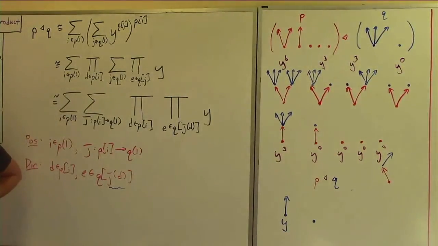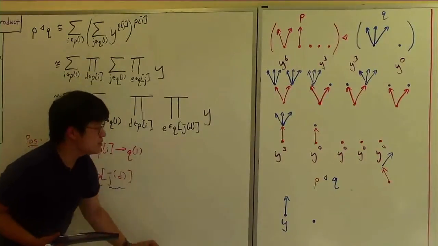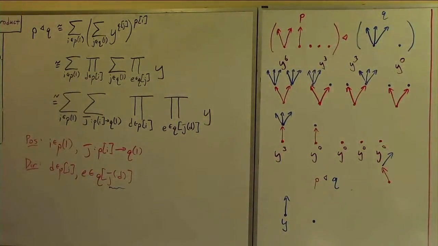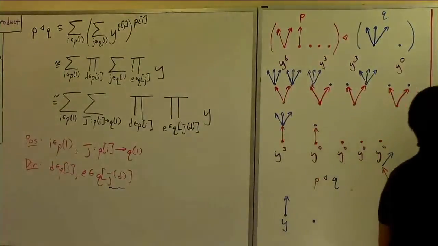Great. Yeah, so we told you this was a monoidal structure, but we haven't told you what it does on morphisms yet. So let's take a look at what it could do. Let's have an example.